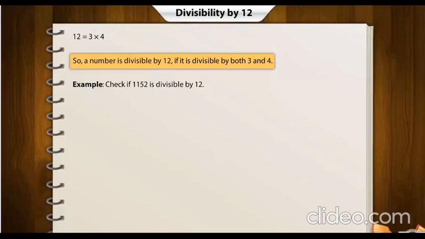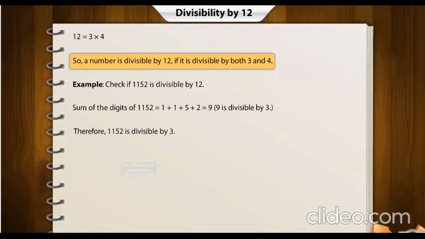Consider the number 1152. Let's first test it for divisibility by 3. The sum of the digits of this number is 9, which is divisible by 3. So, the number 1152 is divisible by 3.